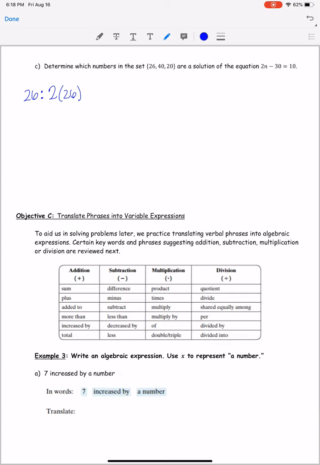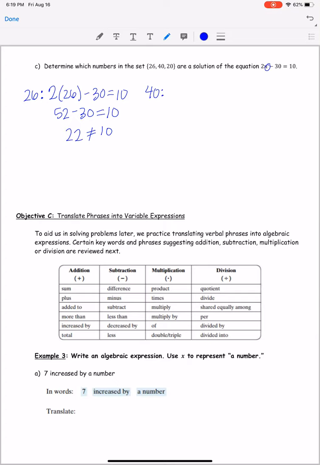Minus 30 equals 10. Order of operations tells me to multiply first. So 2 times 26 gives me 52. Drop down everything else. 52 minus 30 is 22. Does 22 equal 10? No, it does not.